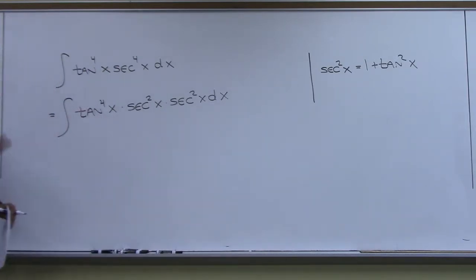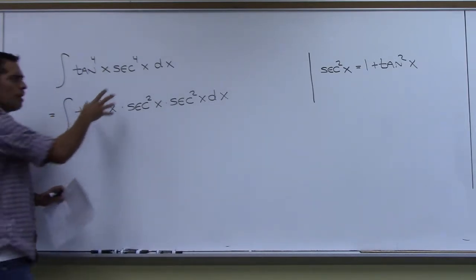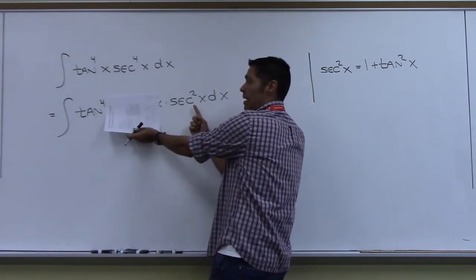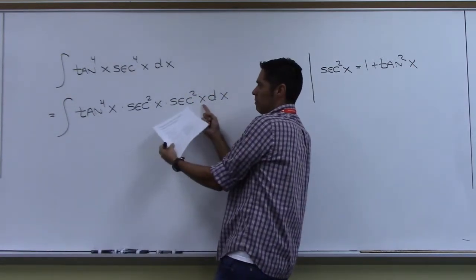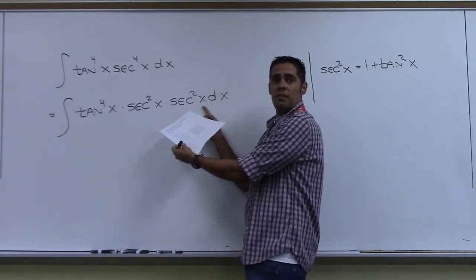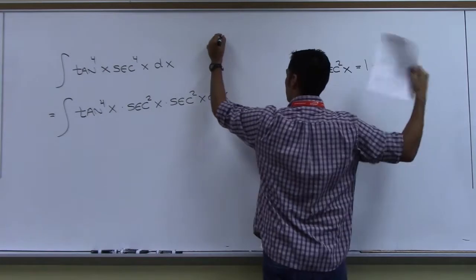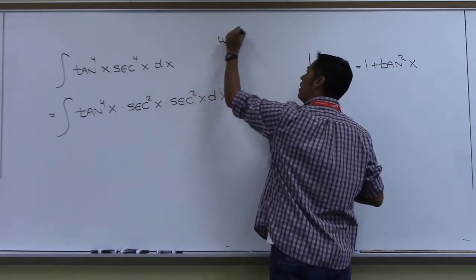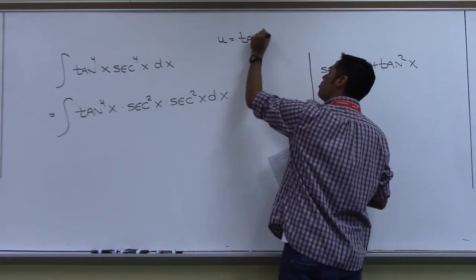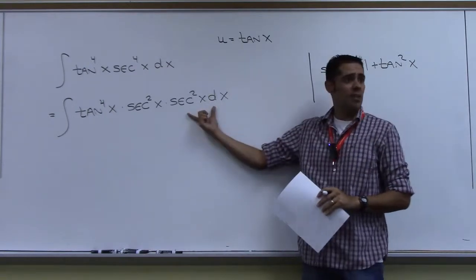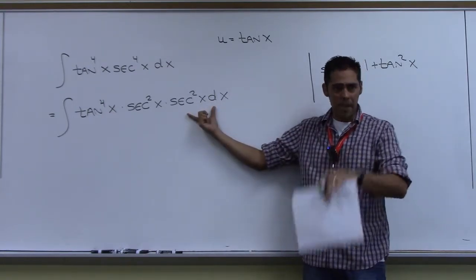Now, why is it that they want us to peel off a secant squared? Secant squared is the derivative of what? That's the derivative of tangent, isn't it? So if I make a substitution in the problem, which they tell you here, but I'm trying to get you to think about it. If we make a substitution that u is going to be tangent x, there's its derivative, right? Doing a basic substitution.